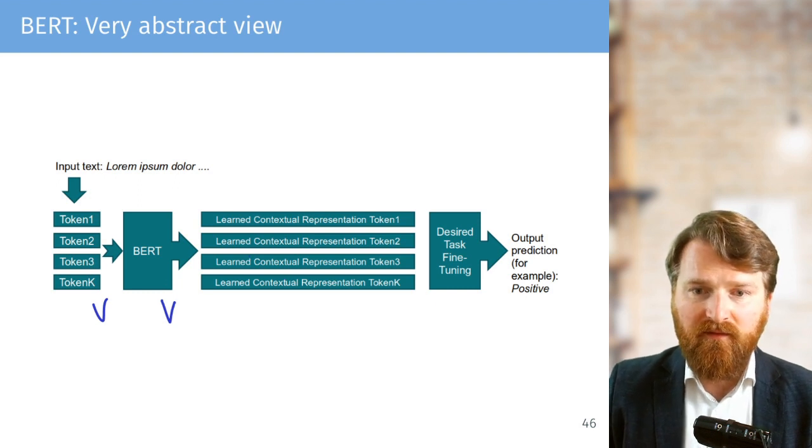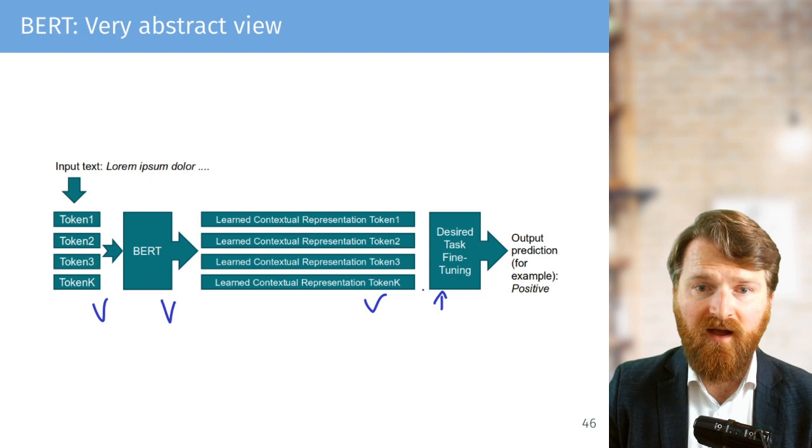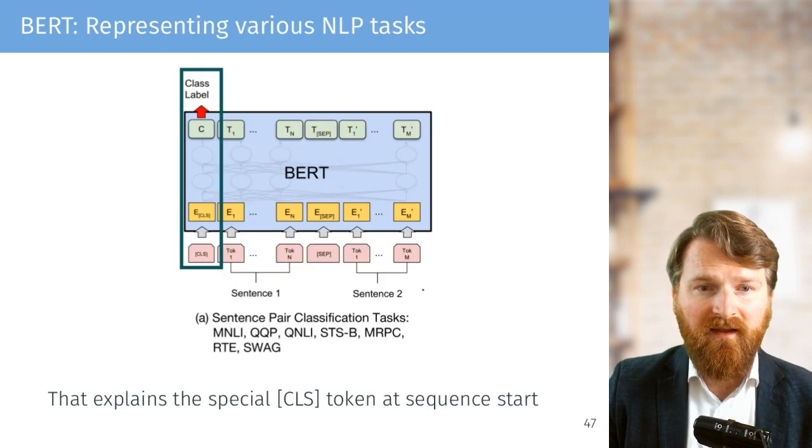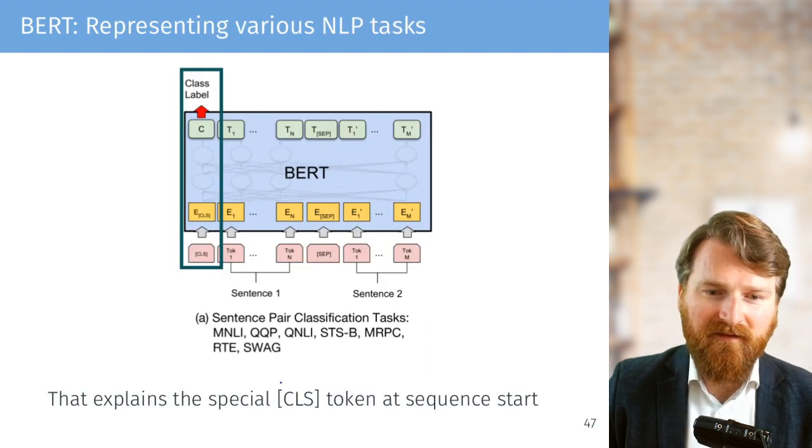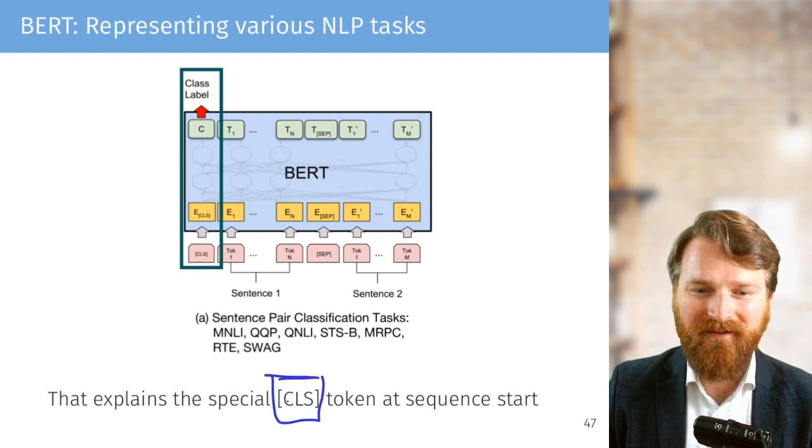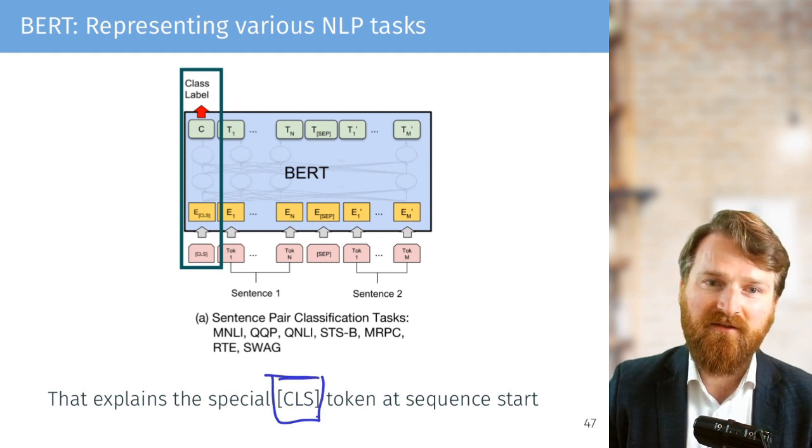And now we have to have a look at what these tasks look like. How can BERT model the downstream tasks? And now we will understand why the special CLS token is there. What does it mean? No surprise, CLS is for classification.